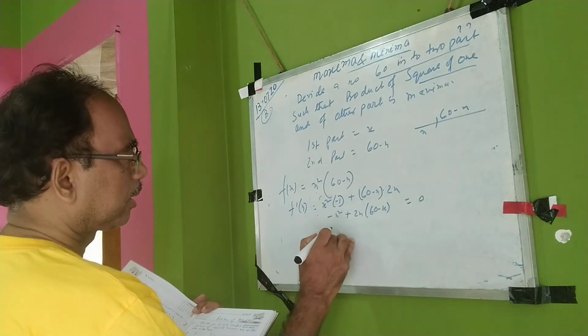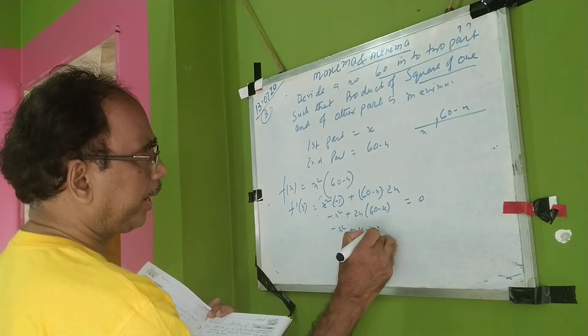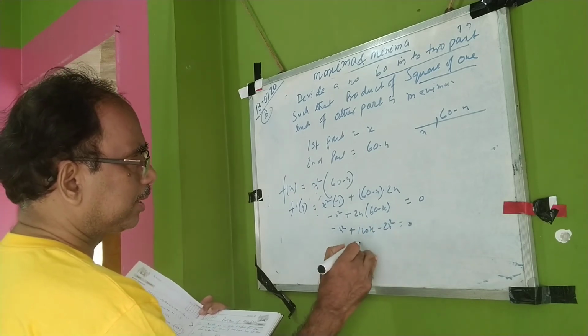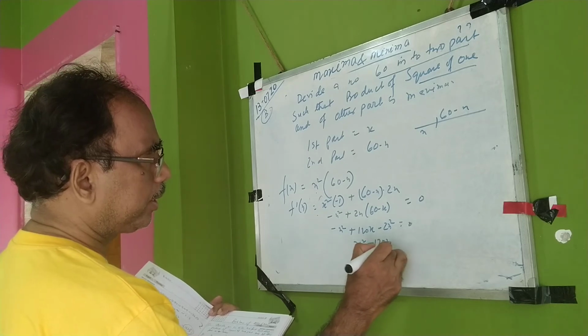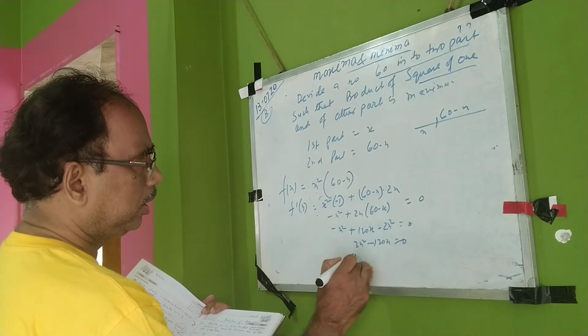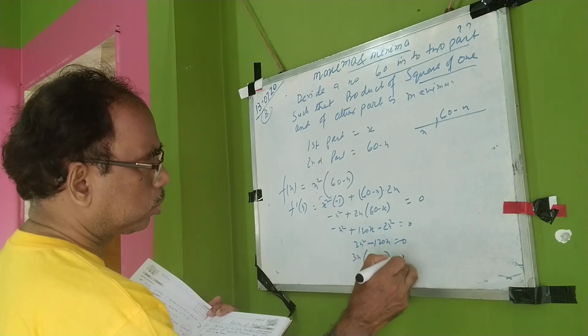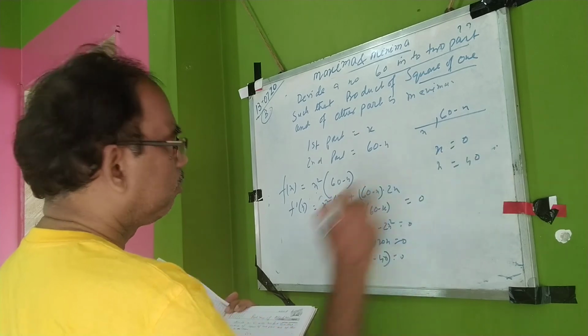That is minus x square plus 120x minus 2x square equals 0. That is 3x square minus 120x equals 0. 3x is common, x minus 40 equals 0. So here x equals 0, x equals 40.